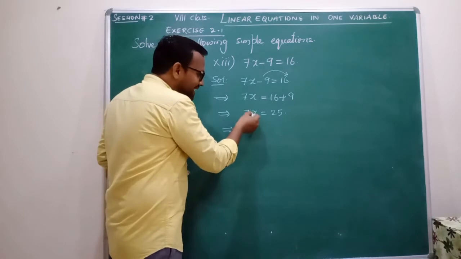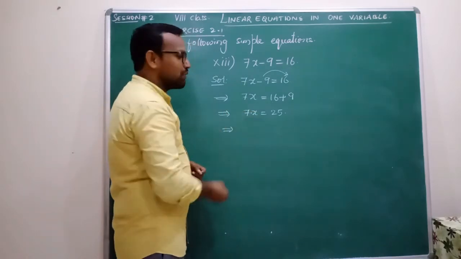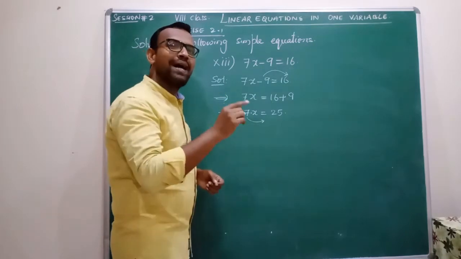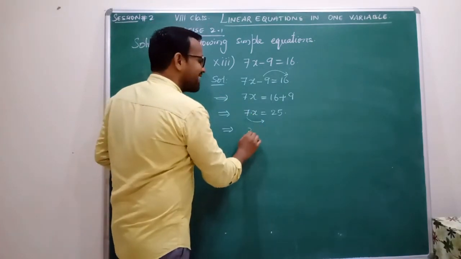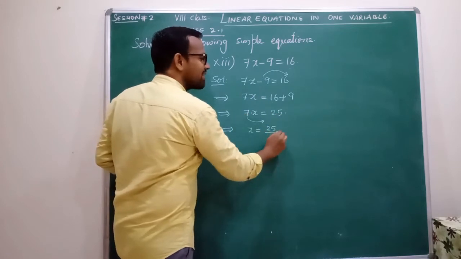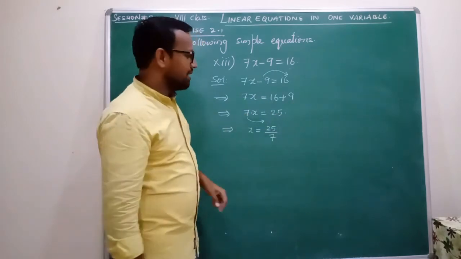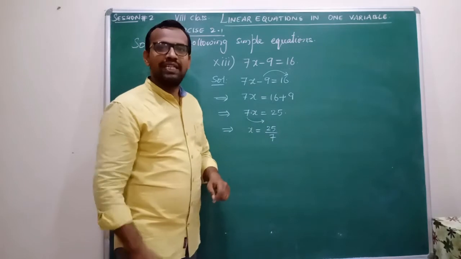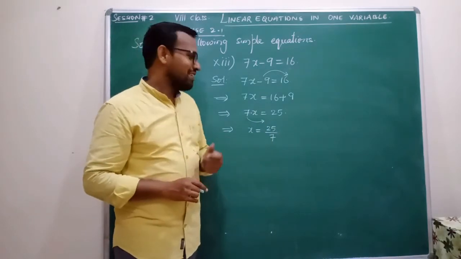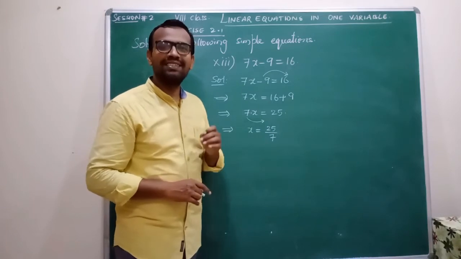Now 7 and x, what is there in the middle? Into. So into 7, after transposing, it becomes by 7. So x is equal to 25 into 7 on the other side, by 7. 25 by 7. Can you simplify? No, because these two are co-primes. So x value is 25 by 7.